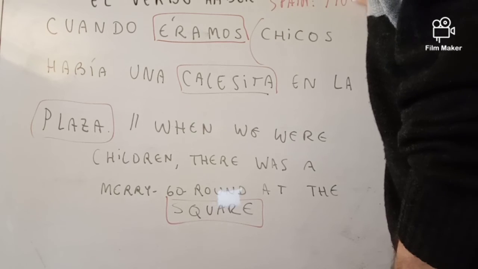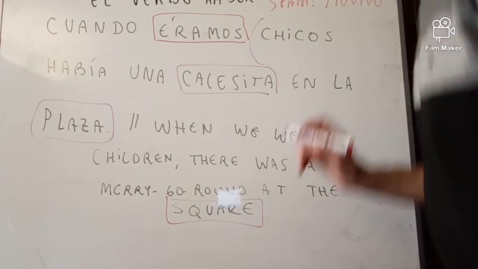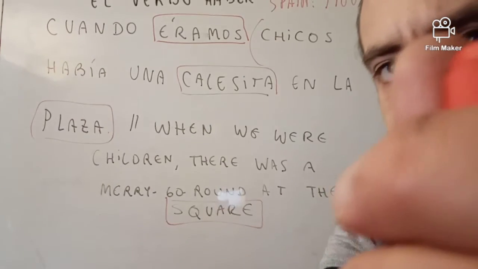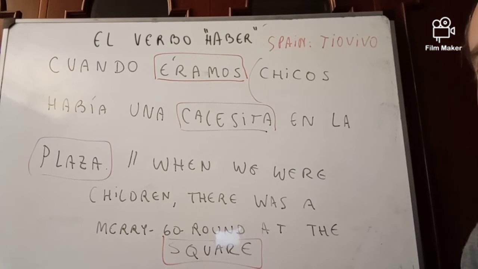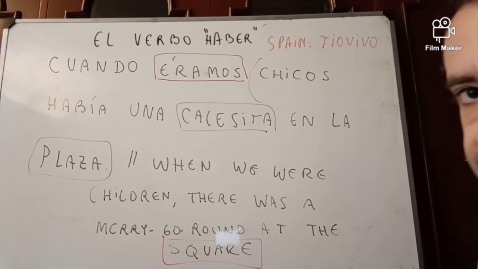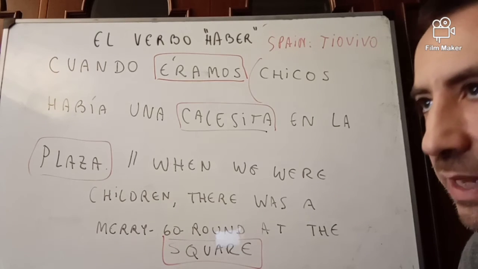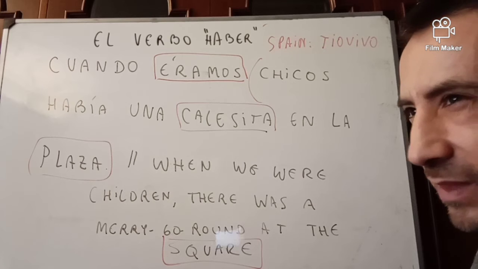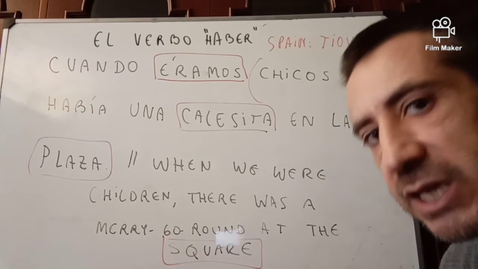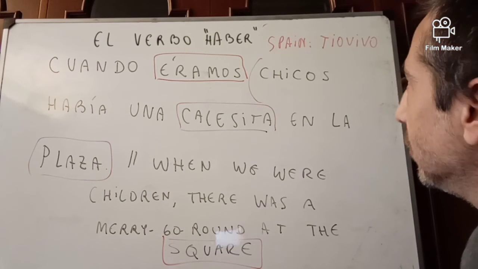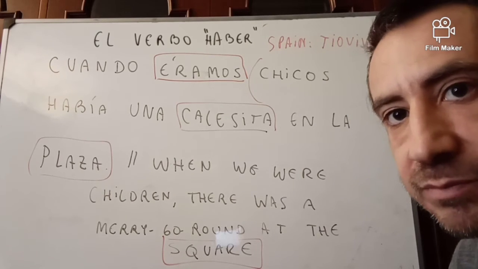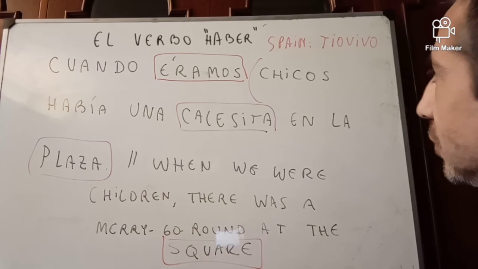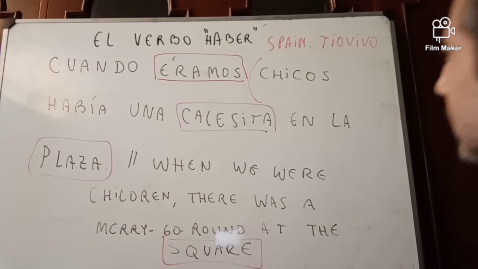They say tío vivo. Tío vivo. So we can say, in Spanish, it would be something like this. Cuando éramos niños, había un tío vivo en la plaza. Cuando éramos chicos, había una calecita en la plaza.